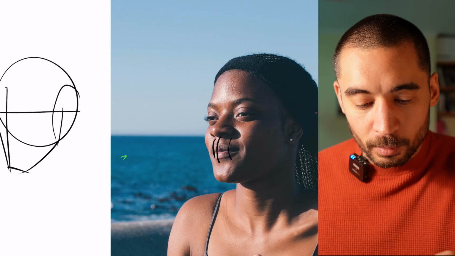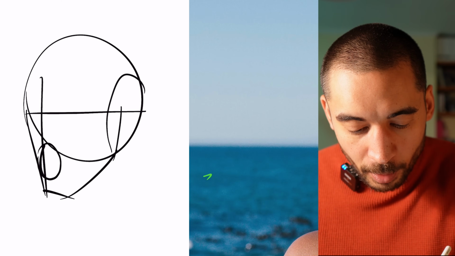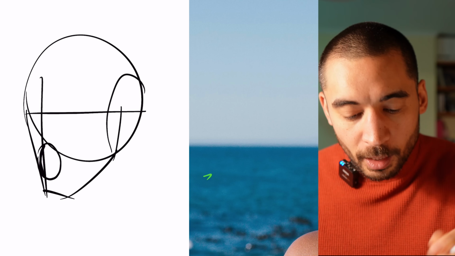Imagine you've got a lump of clay and you're trying to sculpt a head. You get this ball, and you're not just going to draw eyes on it. You're going to need to push the eye sockets in. You're going to need to sculpt out the form of the cheeks. You're going to want to look at how the mouth comes forward here, like this, right? If I was sculpting this, I'd start with a big egg shape for the overall head, but then I would sculpt in how this part of the mouth is coming forward.